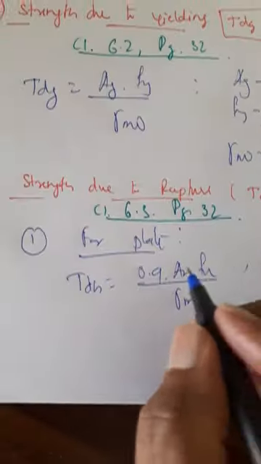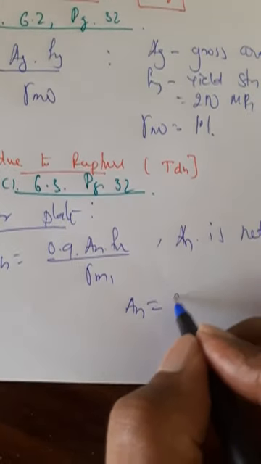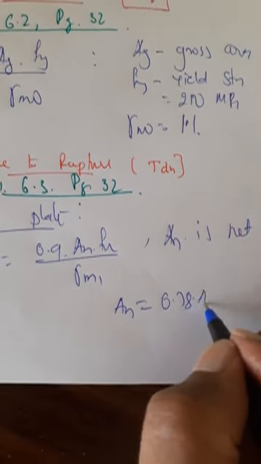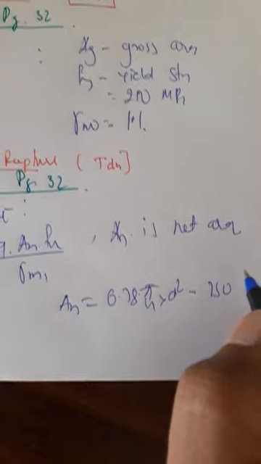Now AN for bolts is given by 0.78 pi by 4 d square. This is for ISO bolts.